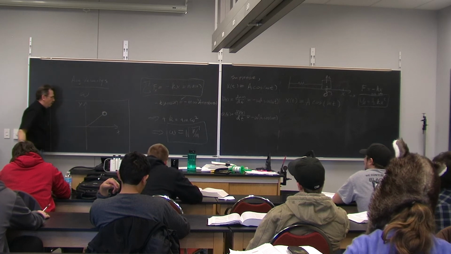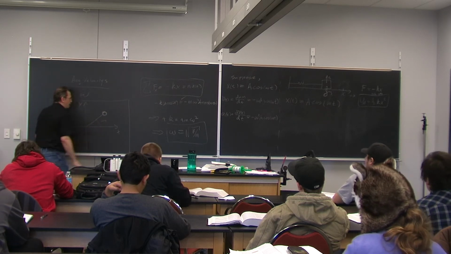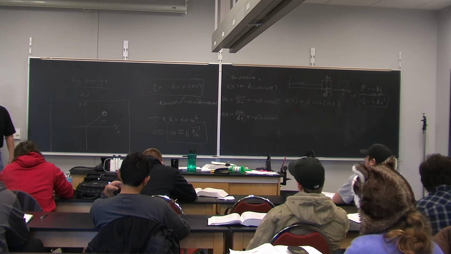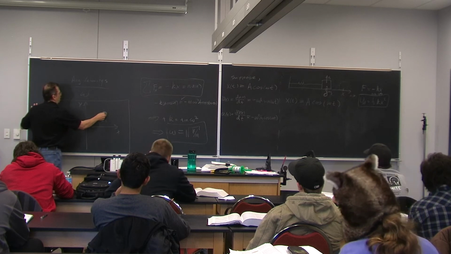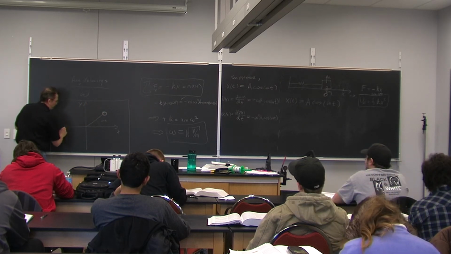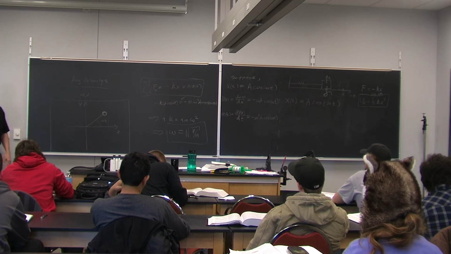Take a ball on the end of a rod, let that angle in there be equal to omega t. So let this rod spin around a circle as time progresses.